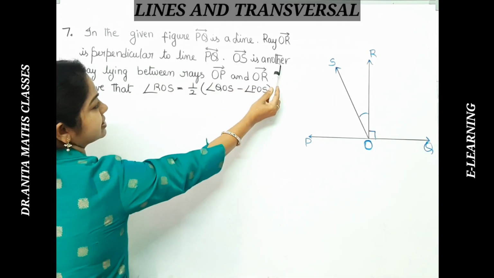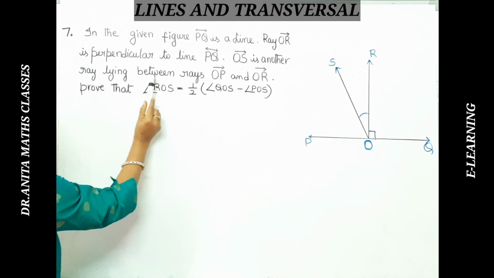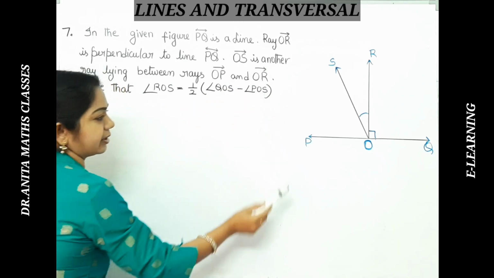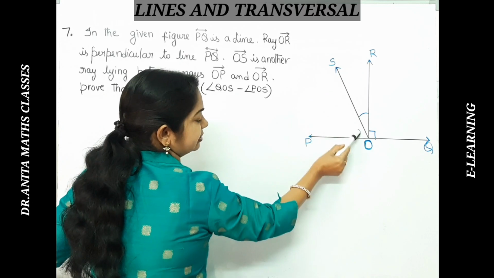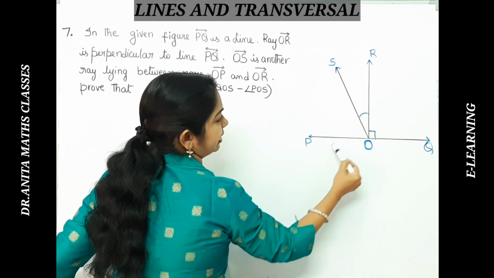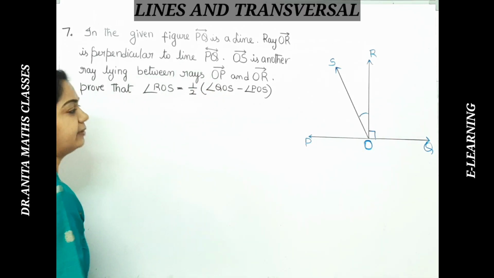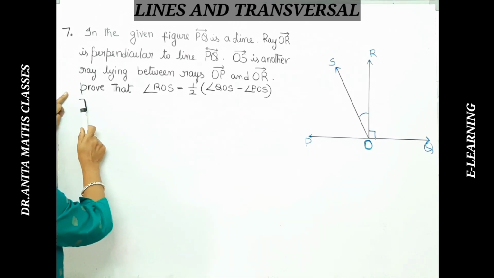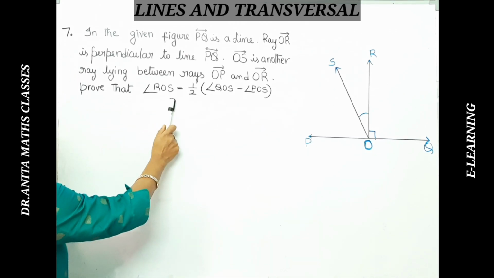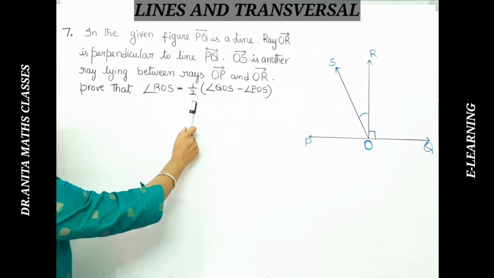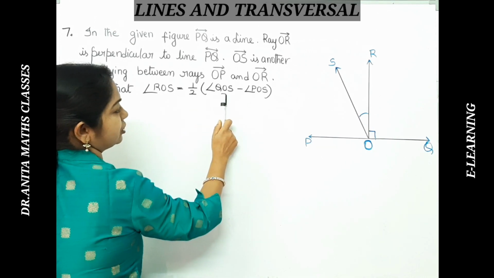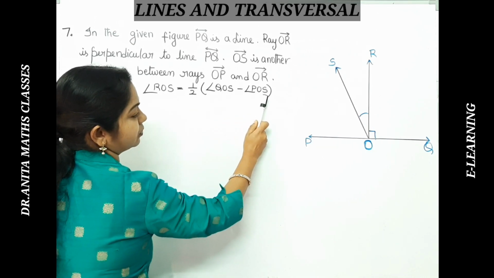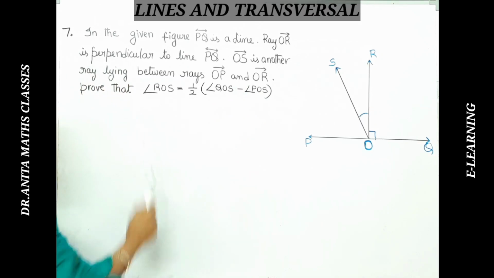And OS is another ray lying between rays OP and OR. We have to prove that angle ROS is equal to half of angle QOS minus angle POS.